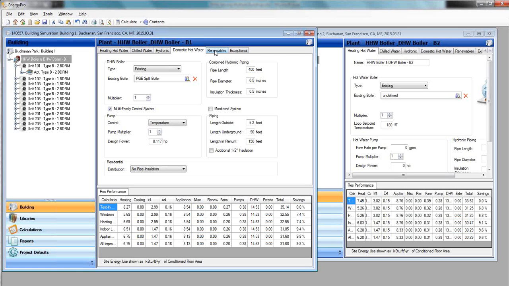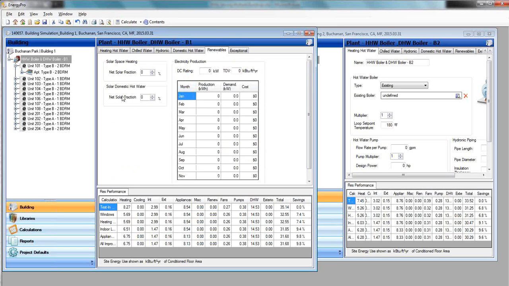Yeah, so to grab the information, there's a CEC solar thermal F-chart calculation, and in domestic or under the renewables tab, you can do that F-chart calculation. You can get that from the CEC website. Download it. There's going to be some inputs on what type of system you have found out there. If it's an old system, it might be hard to find the equipment on that website because it's fairly new.